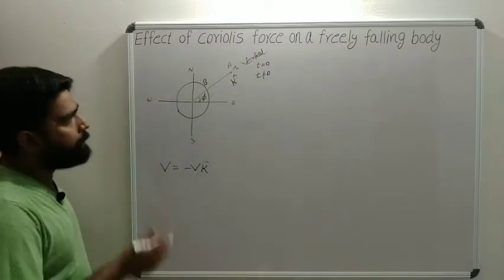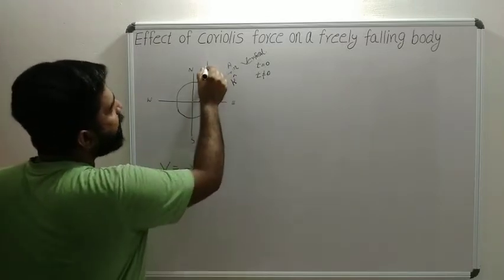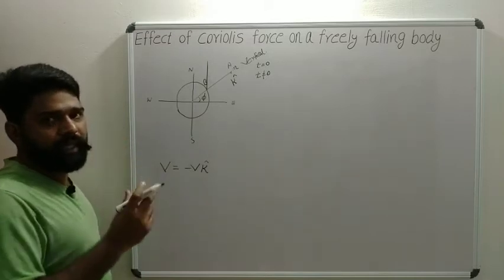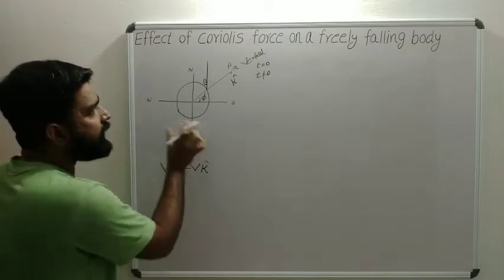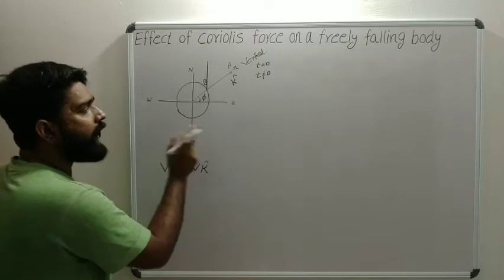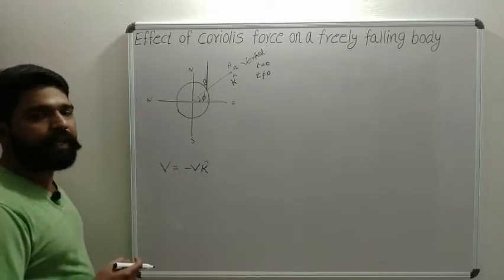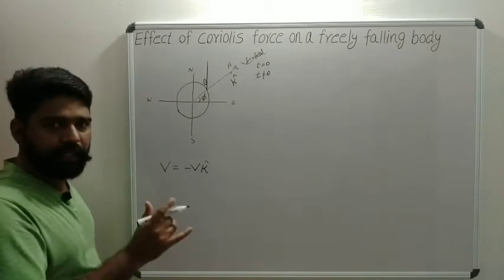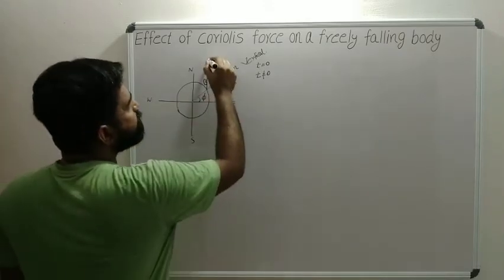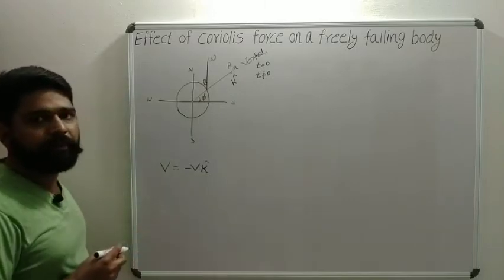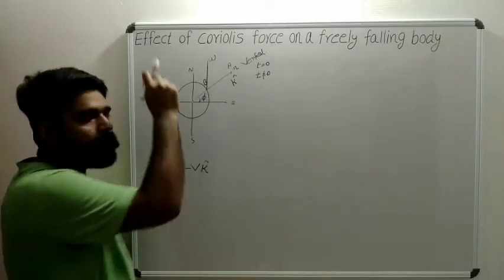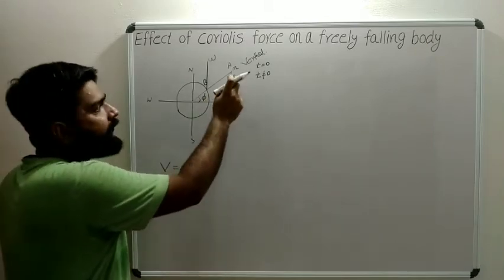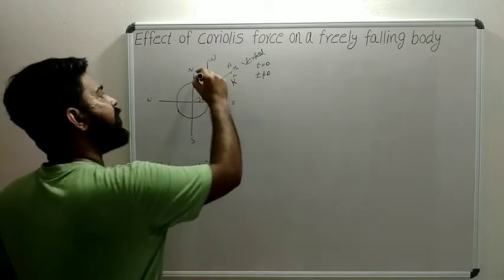In the same way, the earth has a velocity because the earth is rotating about its own axis. So the earth has an angular velocity. That angular velocity can be represented by omega, and we are able to split this omega in terms of unit vectors k and j.